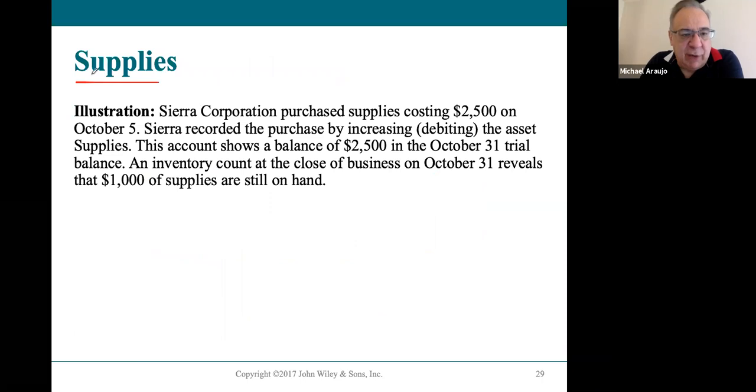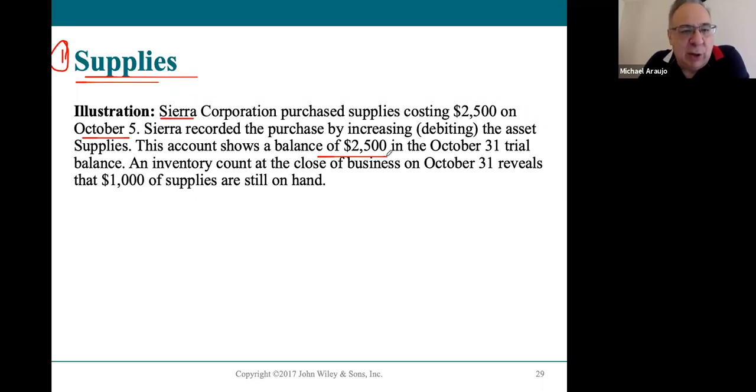So again, the first one you're going to know is how to do that for supplies. This is on page 157. And these are already done for you, so you just have to review them and make sure you understand them. So remember, Sierra Corporation, very early in October, bought $2,500 of supplies.